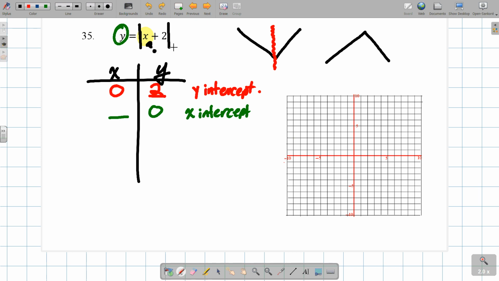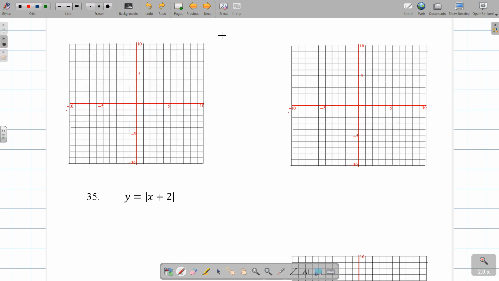What would x have to be? The only thing that's going to work there is -2. Because -2 plus +2 gives you a 0, which is 0. So those are intercepts.